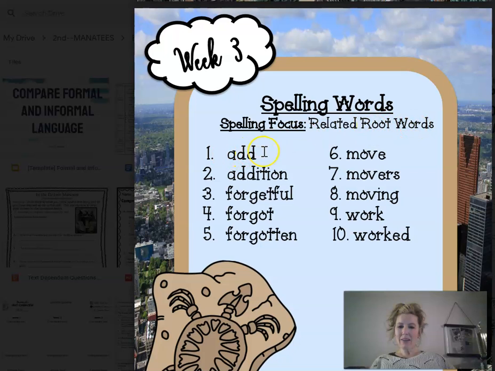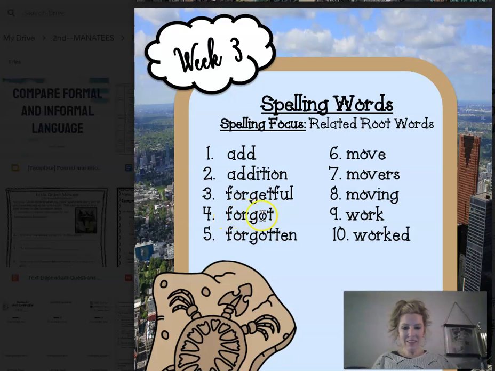So add is your root word, but when we add a suffix, tion, shun, it becomes addition, right? Or what about forgetful? What do you think the root word of forgetful is? Forget. Very good, forget. And then the root word still of forgot is forget.